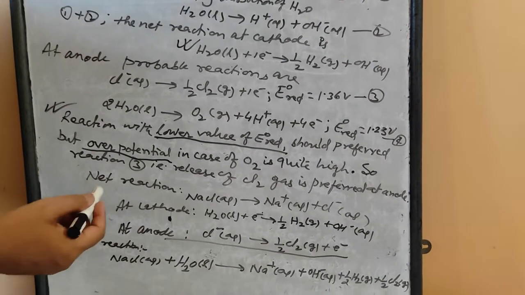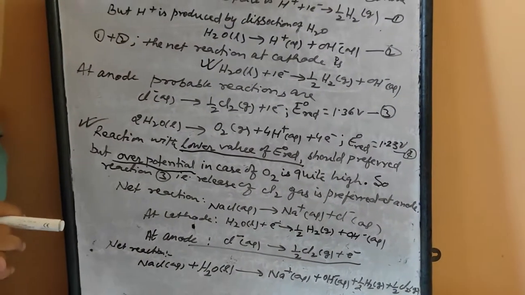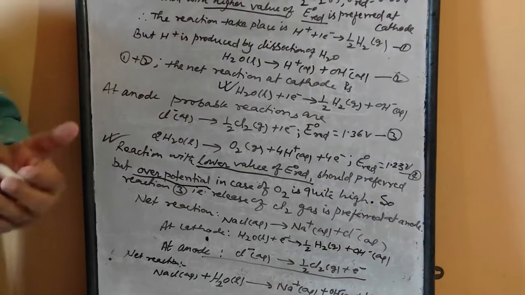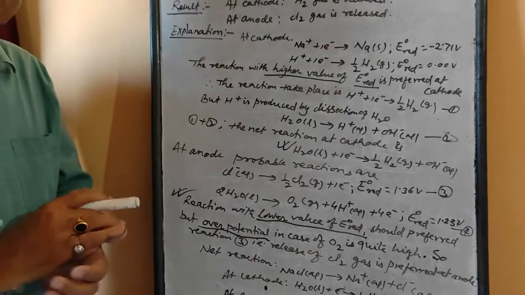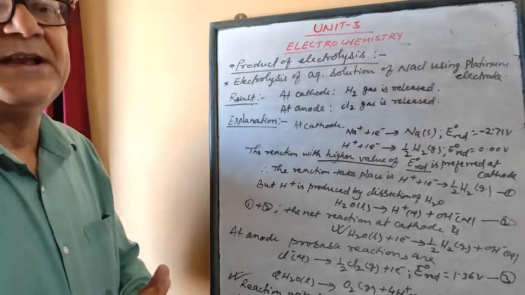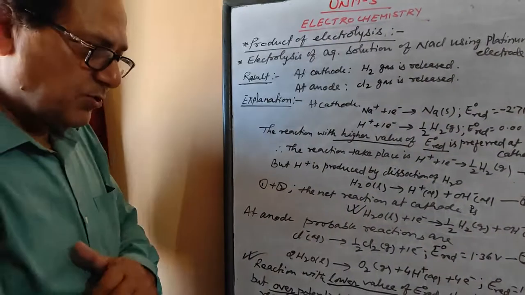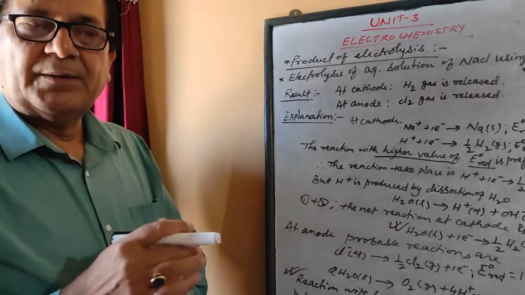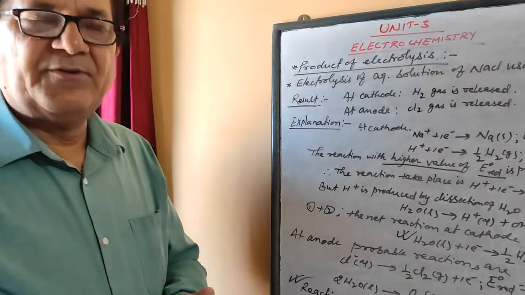Now, what is overpotential? Again, there is a new term for you. Please listen carefully. Overpotential: some reactions which are kinetically very slow require an extra potential to proceed, and this is known as overpotential. It means on the basis of E naught red, already you know delta G naught is equal to minus nFE naught.